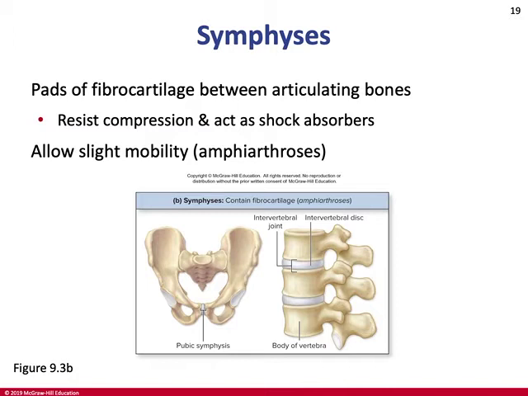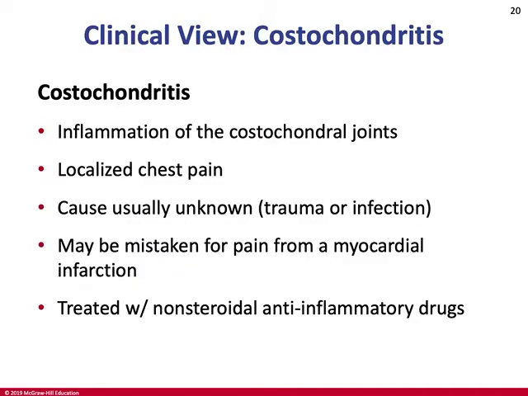The same is true of the pubic symphysis, particularly during childbirth, when a hormone called relaxin causes the fibrocartilage to become a little bit more flexible, and that lets the baby's head pass through the birth canal more easily.